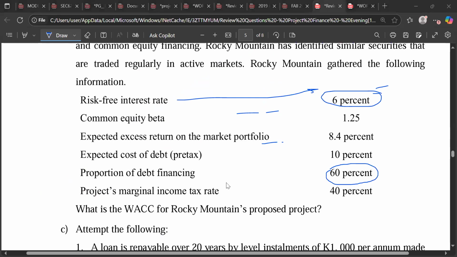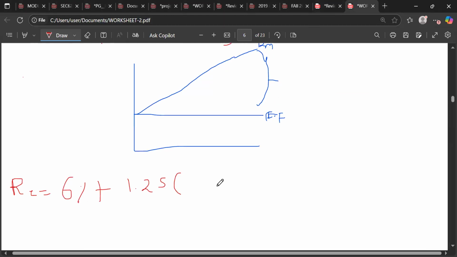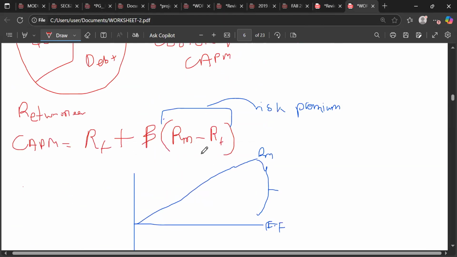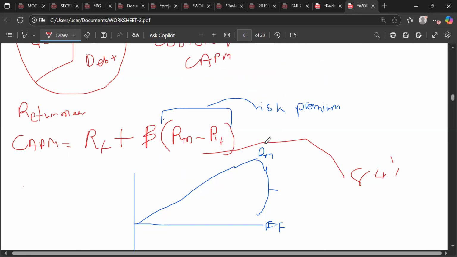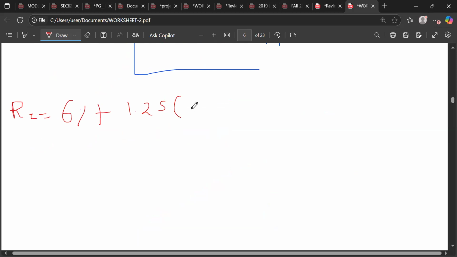So they've already given us our risk premium entirely. They've already solved this, the difference between this and this. It's given to us as 8.4% per the question. So I'm now saying this times 8.4%.